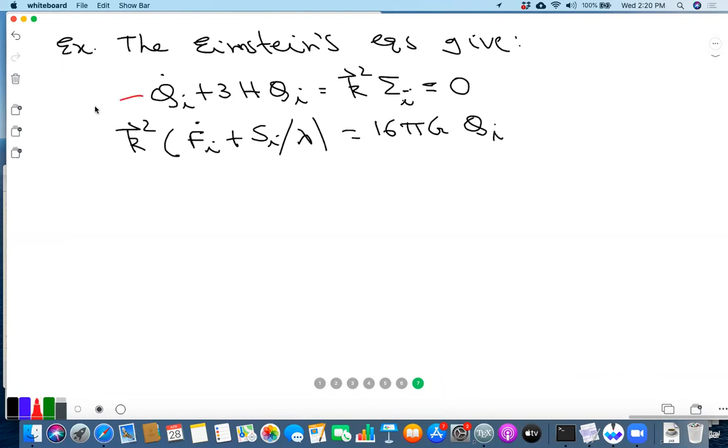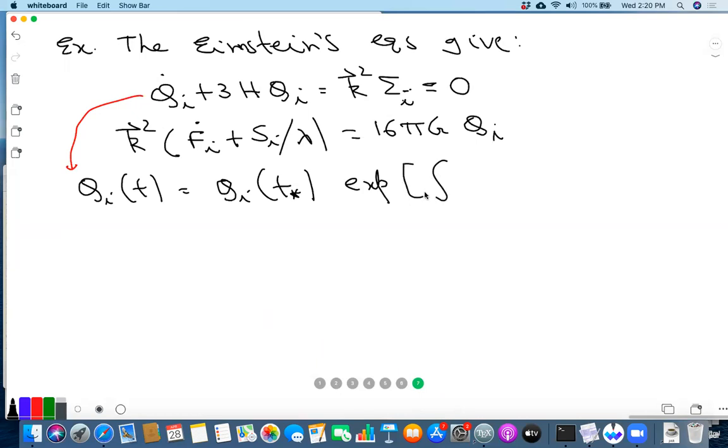So this one gives you a solution that Q_i at t is Q_i at t star, horizon exit, times exponential of minus the integral from t star to t, dt prime, 3H of t prime.